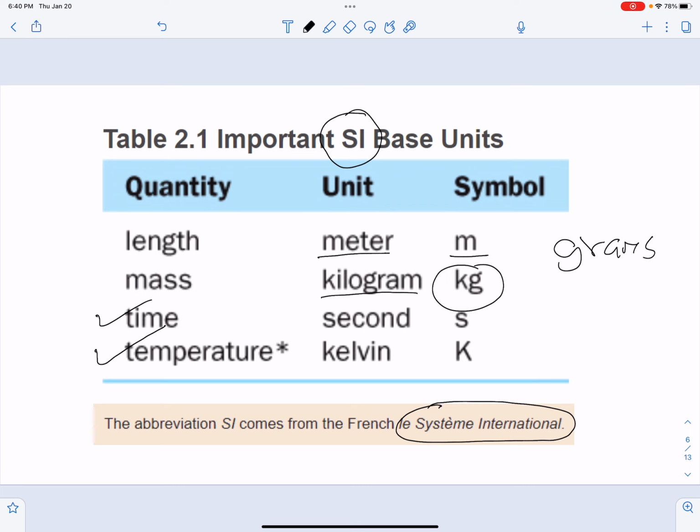Because when we do this in an international way, most of the time it's for commerce. And when you are transporting something to another country, you're using huge amounts. So we're looking for something that reflects a huge amount. And a kilogram is nothing more than 1,000 times a gram.